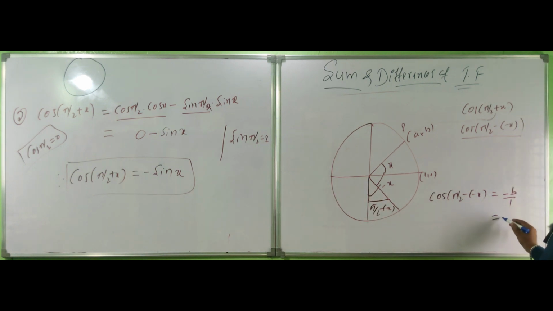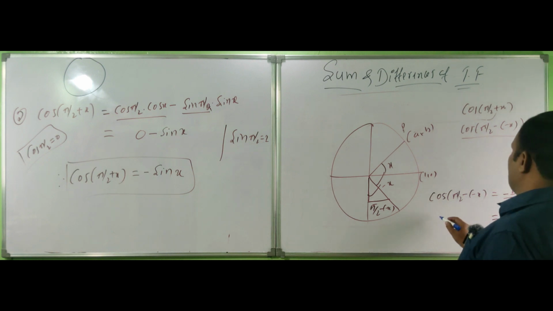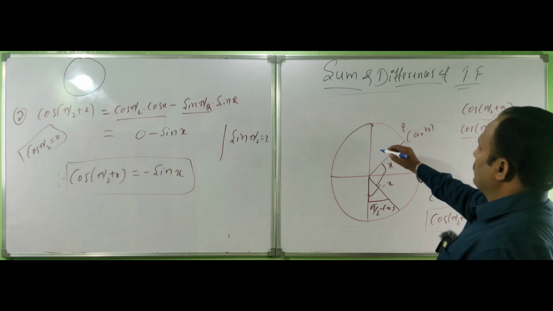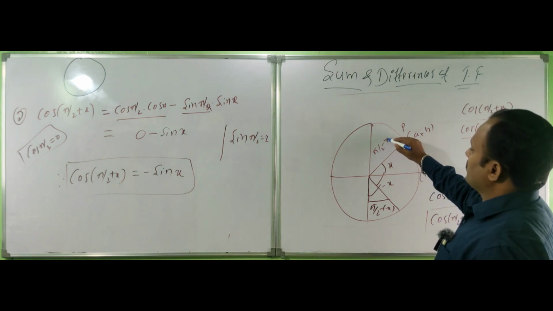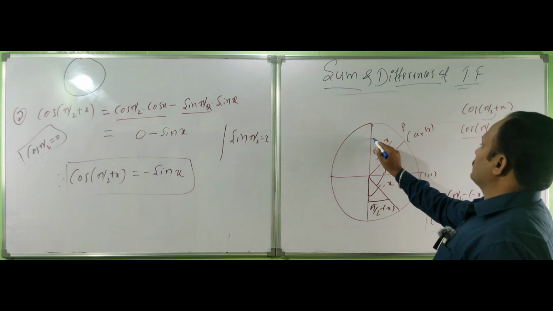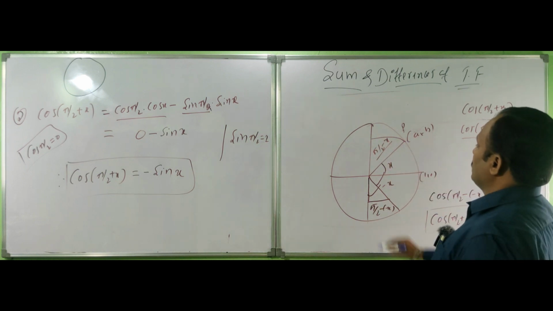Therefore, this gives minus sin x. So this gives cos of pi by 2 plus x. This angle is pi by 2 minus x. The whole is pi by 2, so this gives pi by 2 minus x. Then this is the angle.